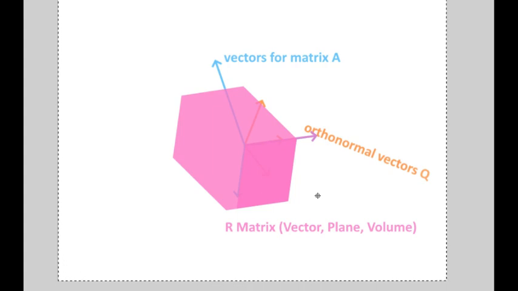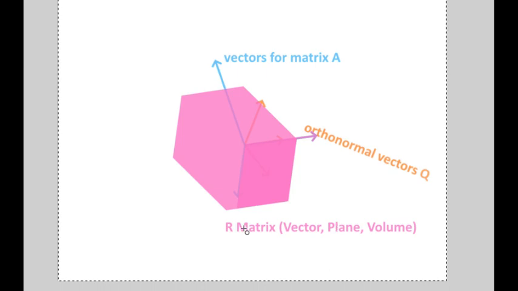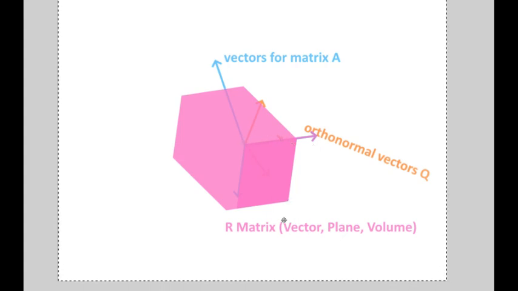Of course, R is written in vector form, but graphically, you can also look at it as a vector, a plane, and a volume. Graphically, that would be equivalent.